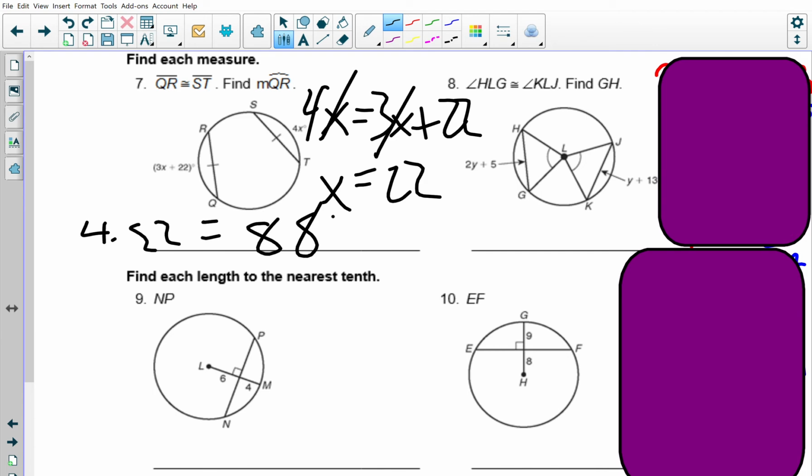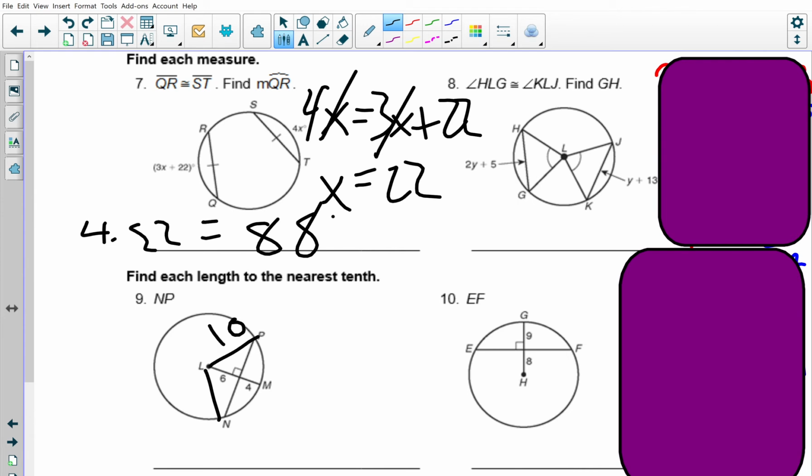This second one down here, number 9, is referring to the theorem where the radius perpendicular to a chord implies it bisects that chord. So those have to be equal in measure, right? Well, how do we solve this problem? We have to create our triangles. It tells us here that line segment LM is 10, which acts as a radius.